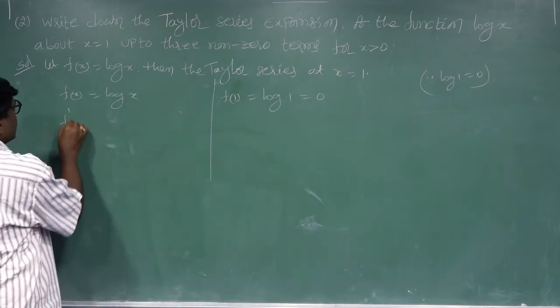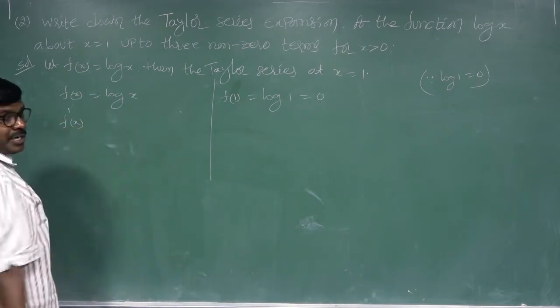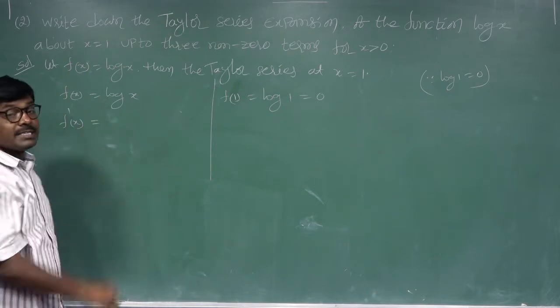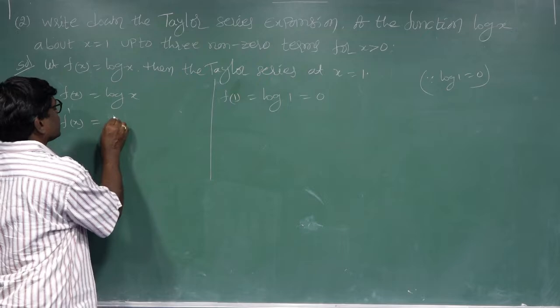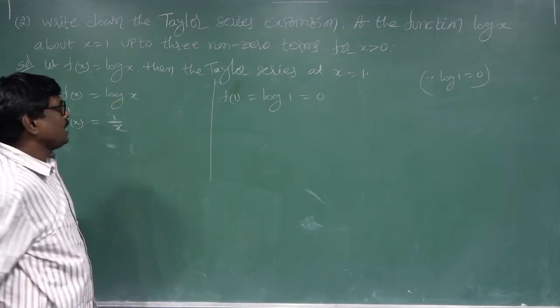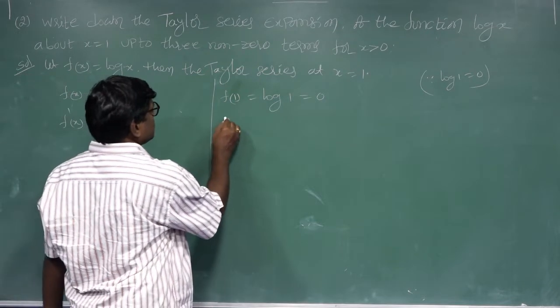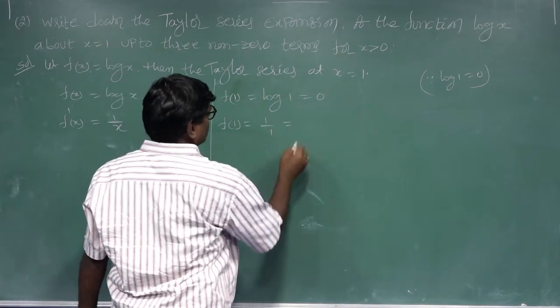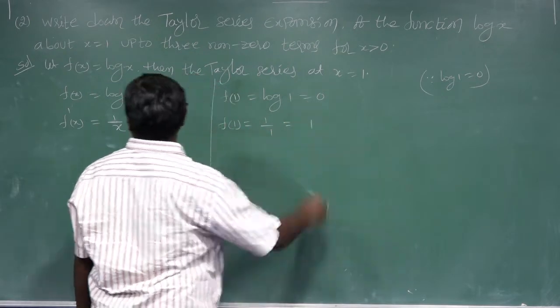Next, f dash, the derivative of f of x with respect to x. Log x derivative is 1 by x. So f dash of 1 equal to 1 by 1 equal to 1.